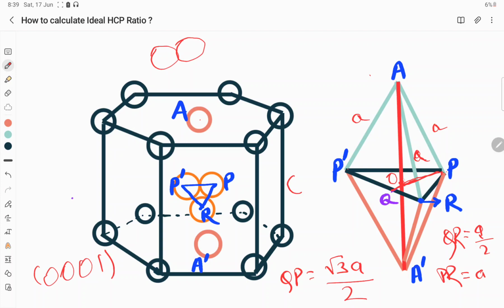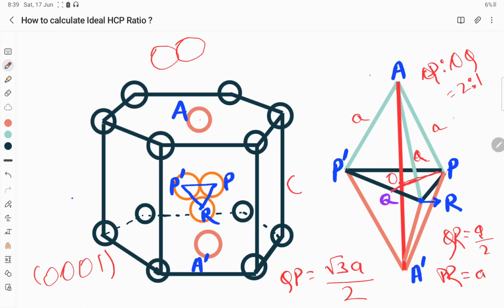Now O lies on the line QP by symmetry, and the ratio OP to OQ is 2:1. This is again 4th or 5th class mathematics.